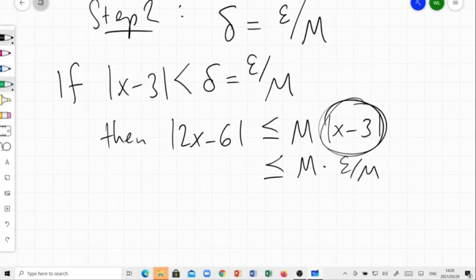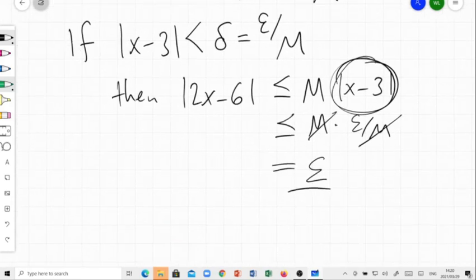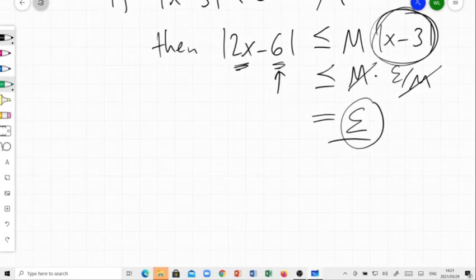And who is delta? Delta is epsilon over m. So I cancel this out and then I end up with epsilon. Then this will guarantee that my y's is within distance epsilon of my limit 6. Okay? So this is my step 2.